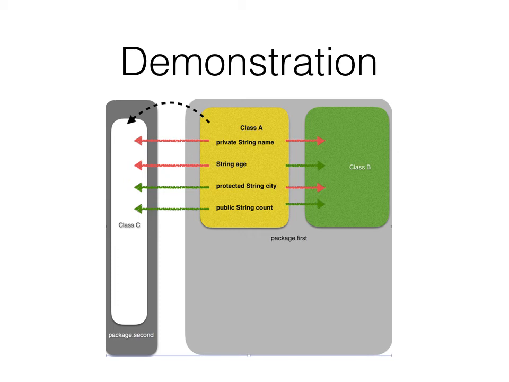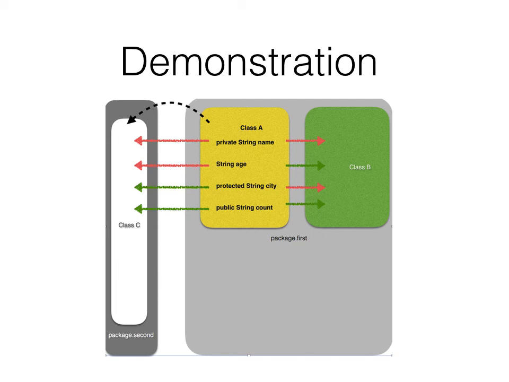That's why class B and class C have the red arrow: they cannot access the private variable of class A. Moving on to the second variable, which does not have any keyword, it is a default access modifier, so its scope is at the package level. It can be accessed by another class which is present in the same package.